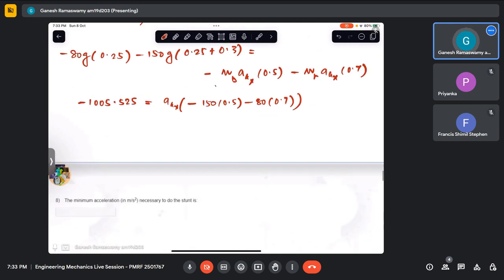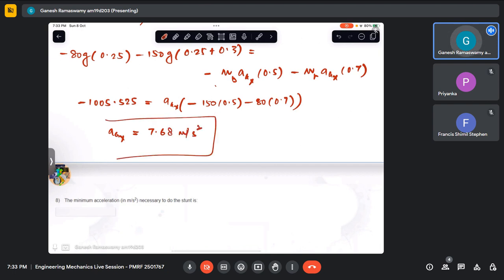So what does AGX come out to be? Minus 1005.525 by 0.7. So this comes to 7.668 meters per second square.